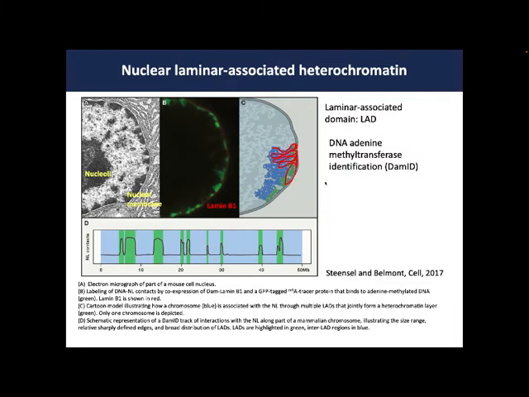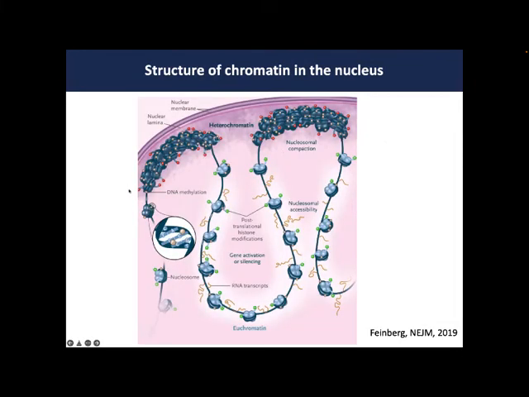So this is another diagram which depicts the structure of the chromosome near the nucleus. And here, the lamin associated LAD region is densely packed as heterochromatin, and you may appreciate that there is a lot of DNA methylation as well as repressive markers represented in the red circles here.